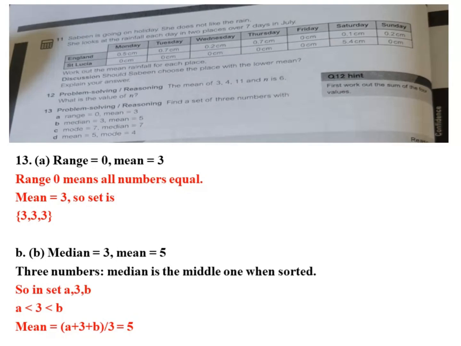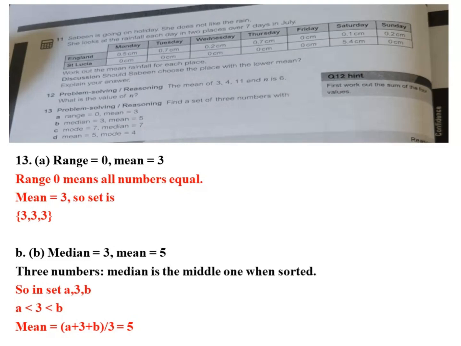Since we know only the median, the number set can be written as a, 3, b. So a should be less than 3 and b should be greater than 3. As we learnt earlier, the mean is calculated by adding all the numbers and dividing the sum by the number of digits.